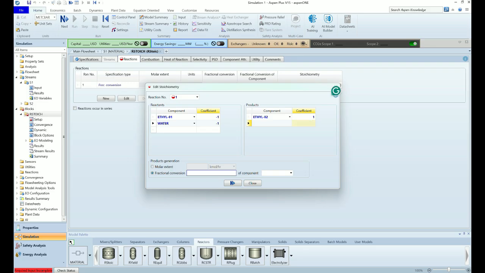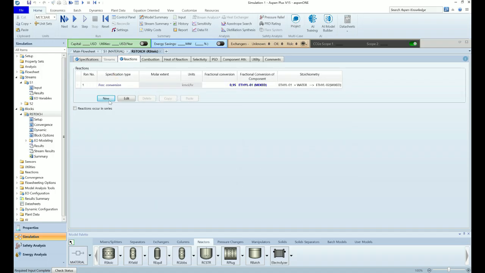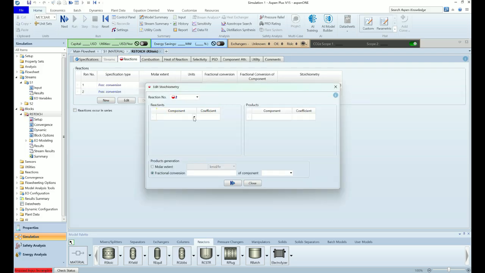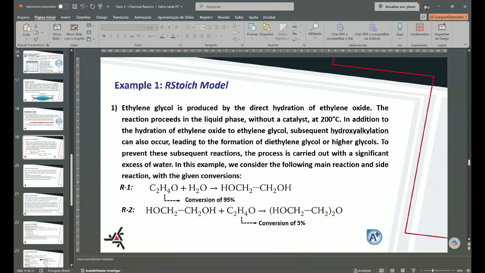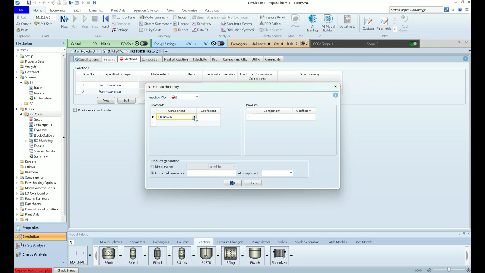So the conversion for the first reaction is 0.95 for the ethylene oxide, which is our reference compound. So let's go next and define a second reaction in which the ethylene glycol can also react with the ethylene oxide, producing the diethylene glycol.